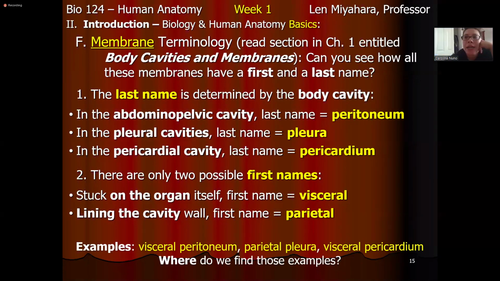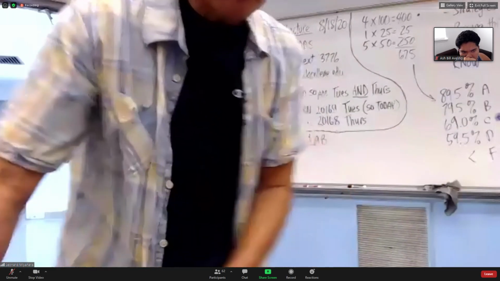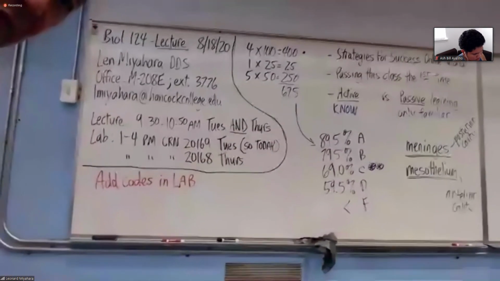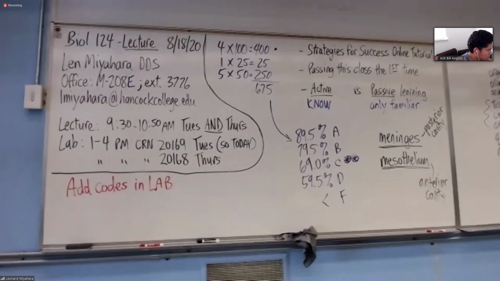Yes, Mr. Miyahara. What is under mesothelium? The word's kind of covered. Oh yeah, let me move the camera so you can see it. This is the left bank of the whiteboard. Is that clear enough? This will be in the recording if it comes out.